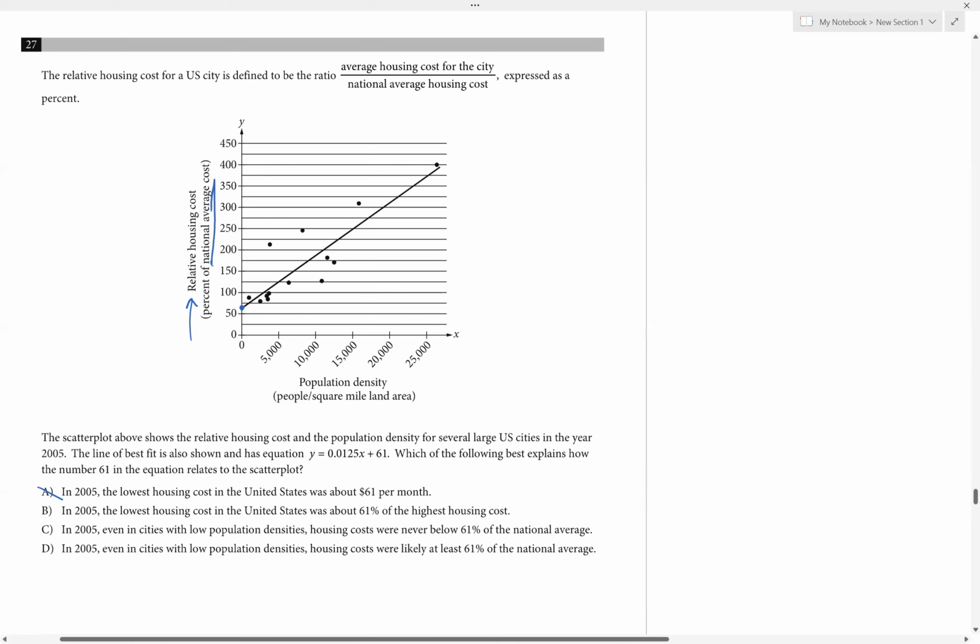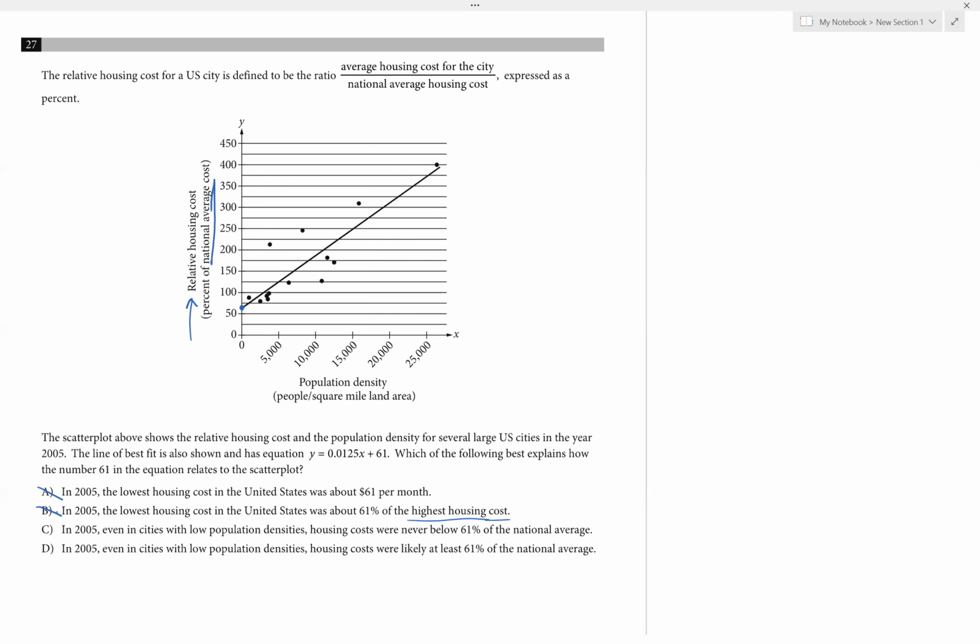That's the definition: the housing cost for a city divided by the national average. So it's the average for the whole nation, and not those with the highest cost. So the definition here is a little bit off. This is not the correct definition, so it's not B. Which leads us to either C or D.